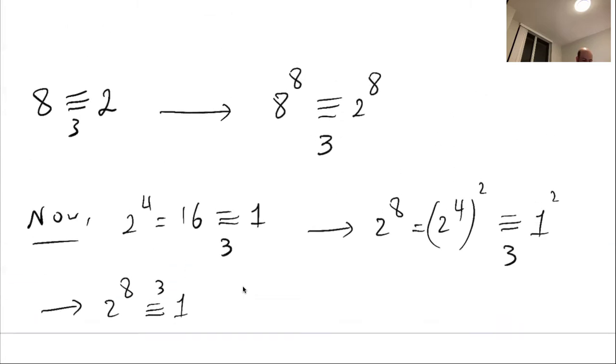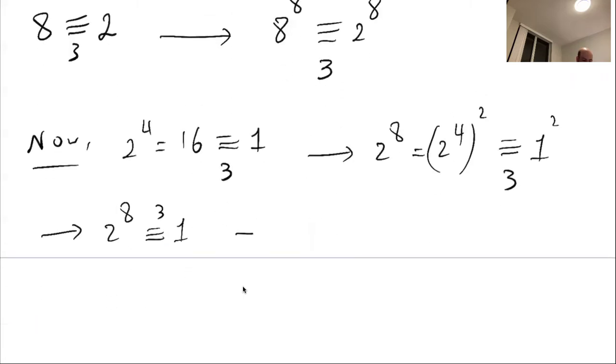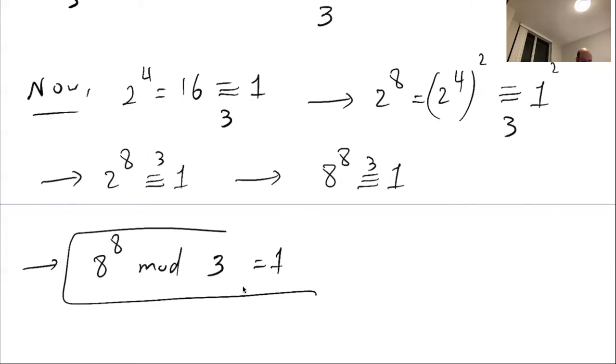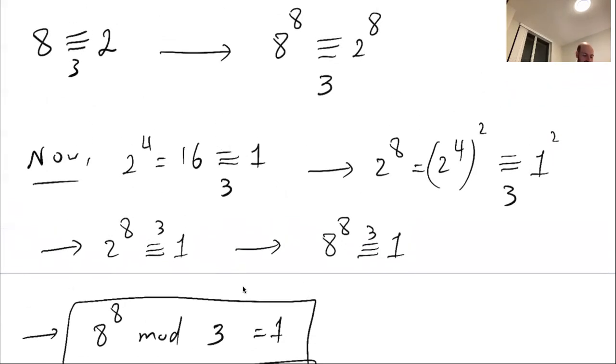But 2 to power 8 itself was congruent to 8 to power 8. So that means 8 to power 8 is congruent to 1 mod 3. So 8 to the power 8 mod 3, the remainder of 8 to the power 8 when divided by 3, is 1. So this is one solution.